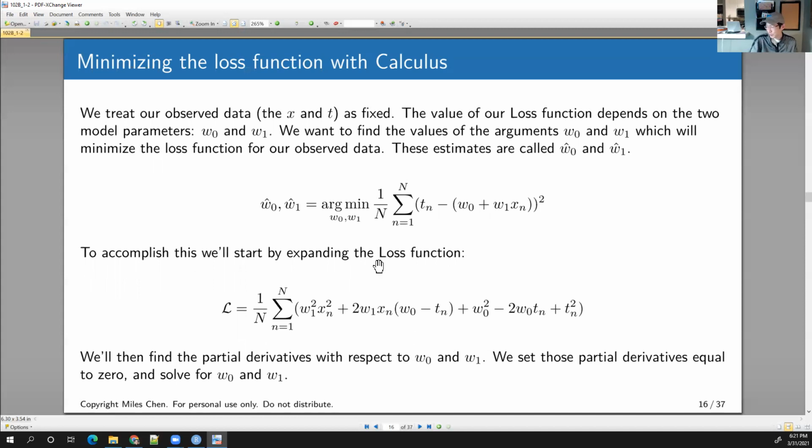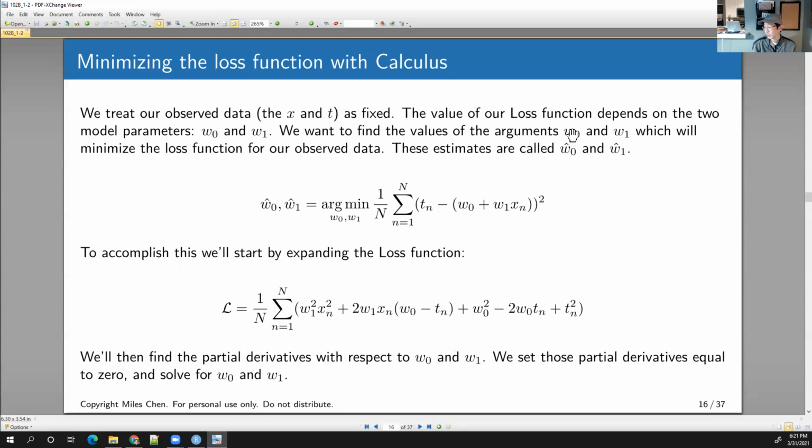And so what we can do, I'm going to start off by saying let's try to minimize the loss function using calculus. To minimize the loss function using calculus, we're going to treat the observed data, which are our x values and the target values t, as fixed. The value of our loss function, that is the sum of squared residuals or the mean squared error here, depends on our intercept w0 and our slope w1.